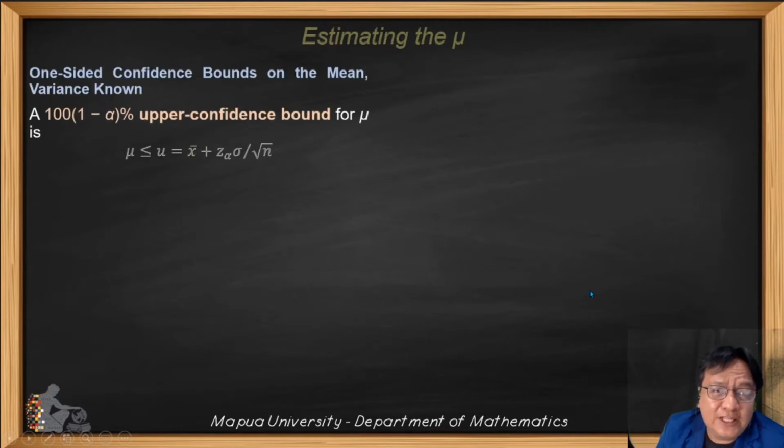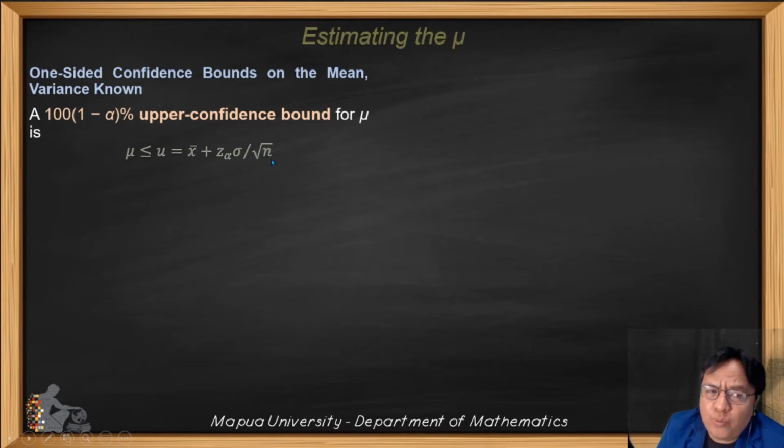So for one-sided confidence bound on the mean with variance known, if variance is known, we can use the standard normal distribution. So a 100 times 1 minus alpha percent upper confidence bound for mu is given by: the parameter mu is less than or equal to the upper confidence bound U, which is equal to x bar plus z alpha times sigma over square root of n.